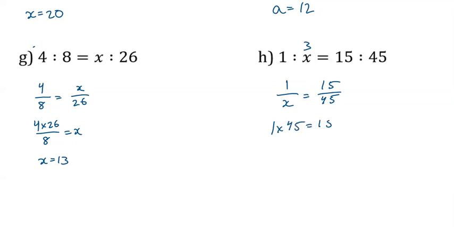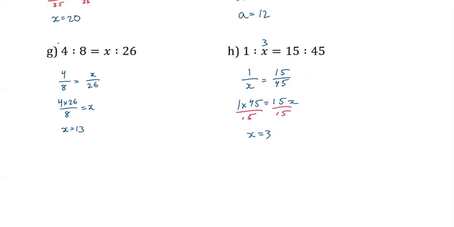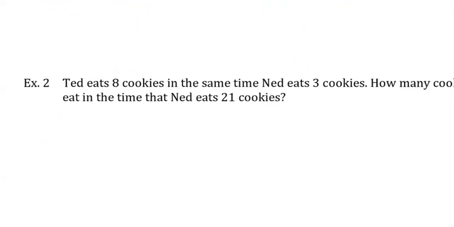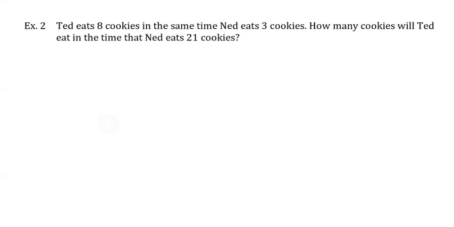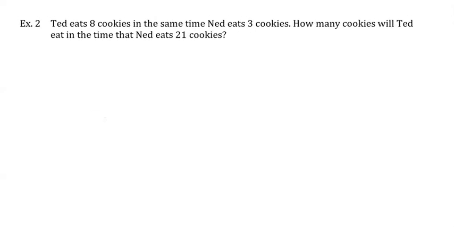Now we get to use a proportion. Ted eats 8 cookies in the same time Ned eats 3 cookies. If they continue at this same rate, how many cookies will Ted eat in the time that Ned eats 21? So this is how you set up a proportion.